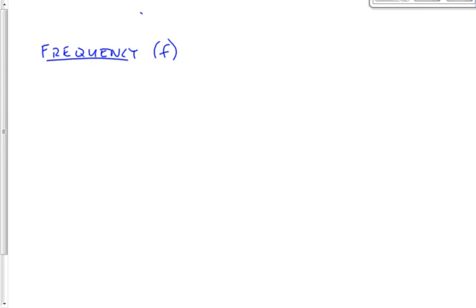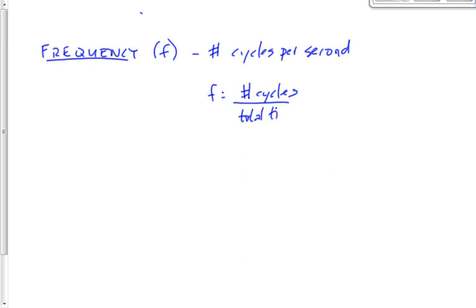If we define it as the number of cycles per second, then our equation can quite simply be the number of cycles divided by the total time. The units for frequency would be cycles per second, but we usually abbreviate that with the symbol Hz, which means hertz. 1 cycle per second or 1 revolution per second is equal to 1 hertz.